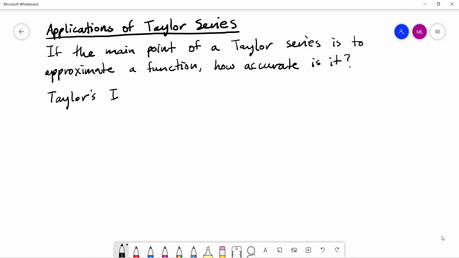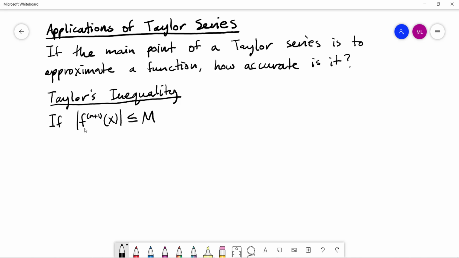And Taylor's inequality is a theorem that says the following. It says that if the n+1th derivative of f with respect to x, so f^(n+1)(x), is bounded by some value M, and we're doing the absolute value, so we're basically restricting how big this n+1th derivative can be on some interval.